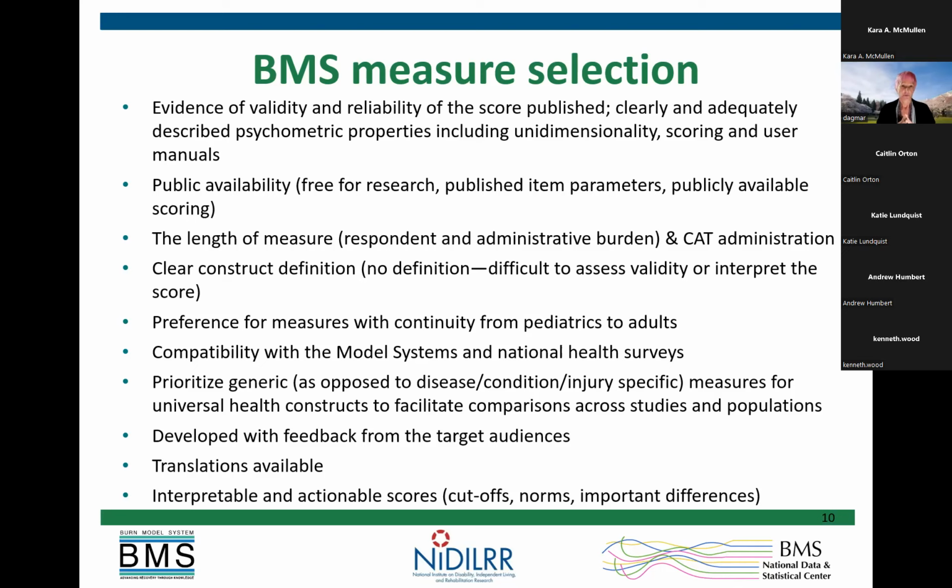We look for scales or item banks that have published item parameters, so that we can construct our own short forms if necessary, and we are looking for measures that allow for public scoring, so where scoring is not charged for.